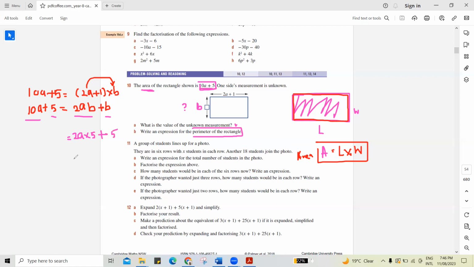See the answer, 10a plus 5 is the same as the right hand side. Therefore b equals 5. They're asking first, the value of the unknown measurement, that is 5. Now can you find the perimeter?